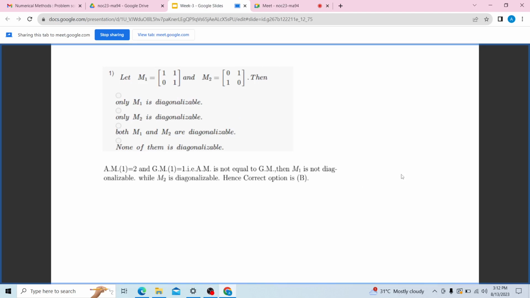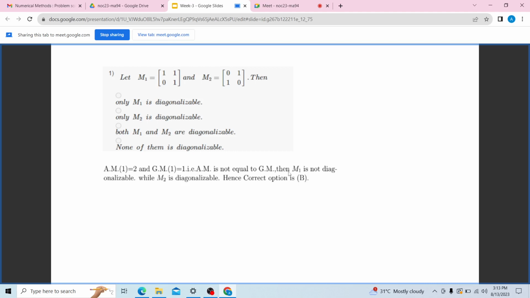So for the first matrix you will get the eigenvalues 1 and 1. So the algebraic multiplicity of 1 is 2, and its geometric multiplicity, when you calculate, you will get as 1. So algebraic multiplicity is not equal to geometric multiplicity.